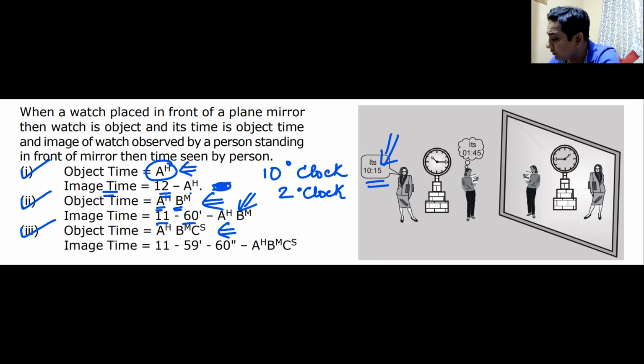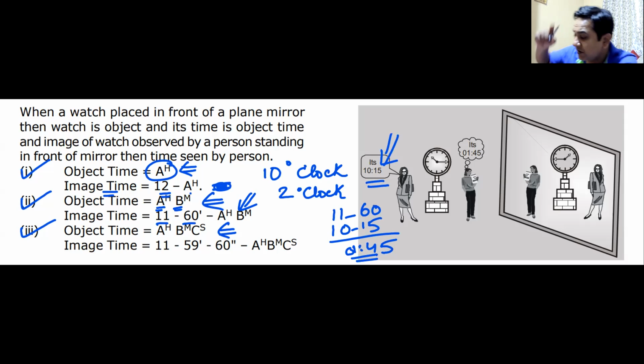The image will show 11:60 minus 10:15, and the time that you will get would be 1:45, and the image will show 1:45. This is what is illustrated over here. Do we understand this? When the actual clock is showing 10:15, the image will show 1:45.